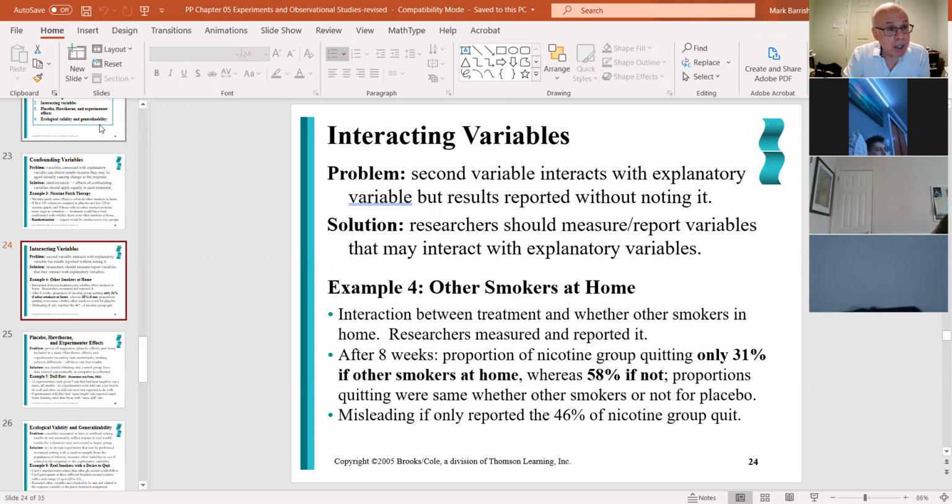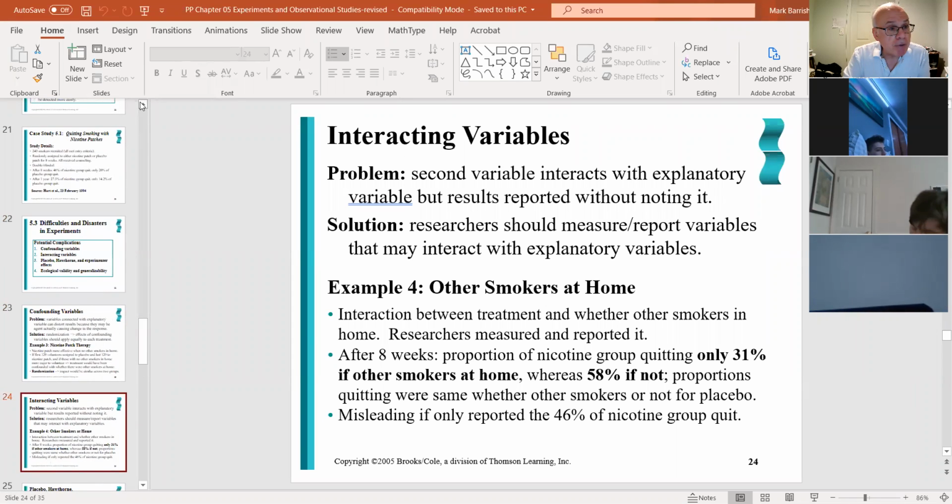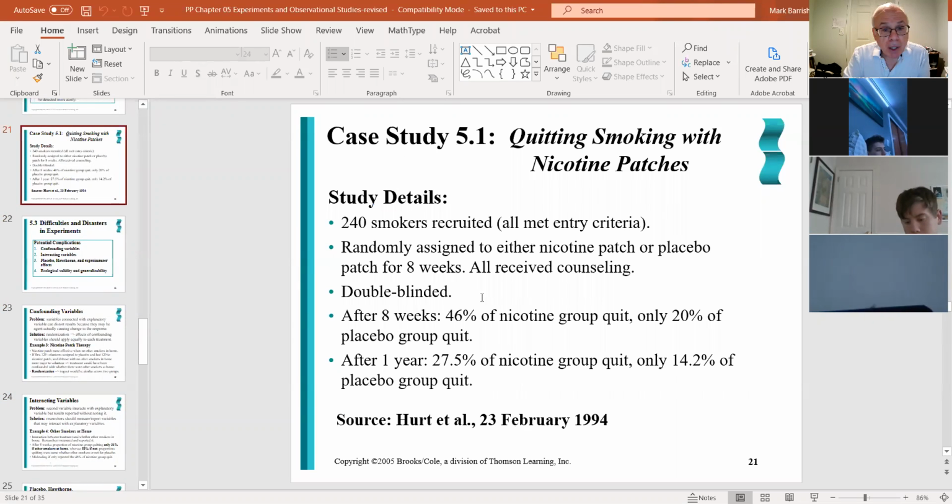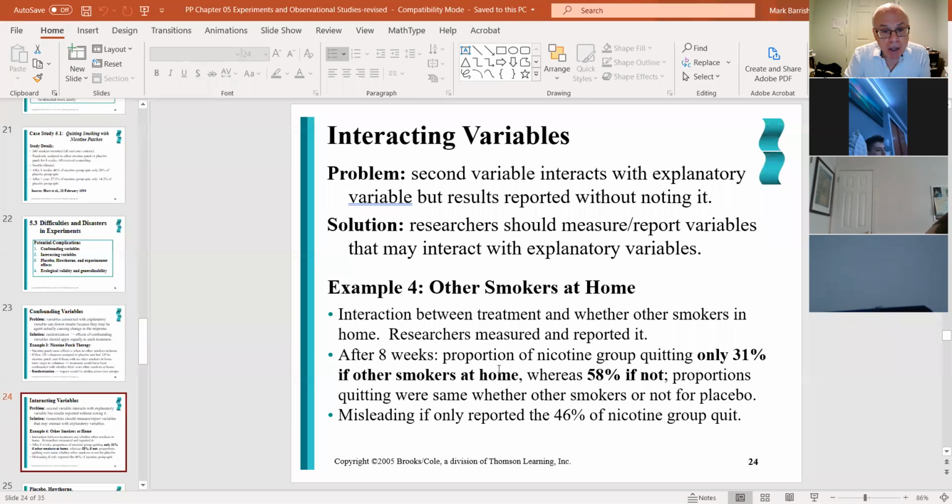Because if you go back to the previous results with the smoking example, they said after 8 weeks, 46% of the nicotine group quit. Well, that was without looking at the interacting variables. But with the interacting variables, that 46% is 31% if other smokers are at home and 58% if not.